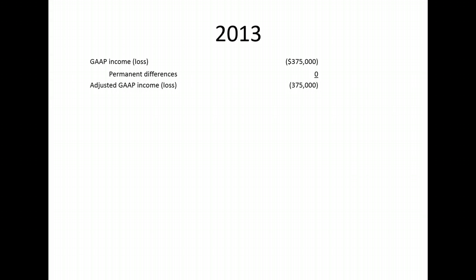So we have a GAAP income or loss of $375,000. There are no permanent differences discussed in the particular problem, and so our adjusted GAAP income or loss in this case is $375,000. Remember that the adjusted GAAP income or loss is going to be used as the basis for determining our income tax expense.